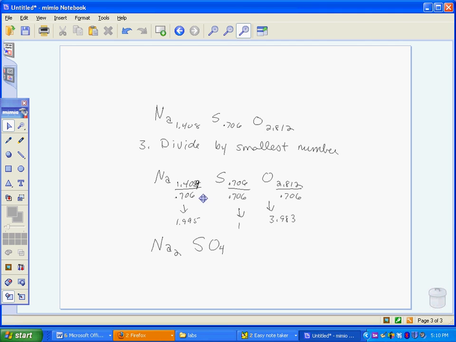If I divide 1.409 by 0.706, I get 1.995, which is very close to 2. 0.706 divided by 0.706 gives me 1. 2.812 divided by 0.706 is going to give me a number very close to 4. So the empirical formula is Na2SO4, or sodium sulfate.